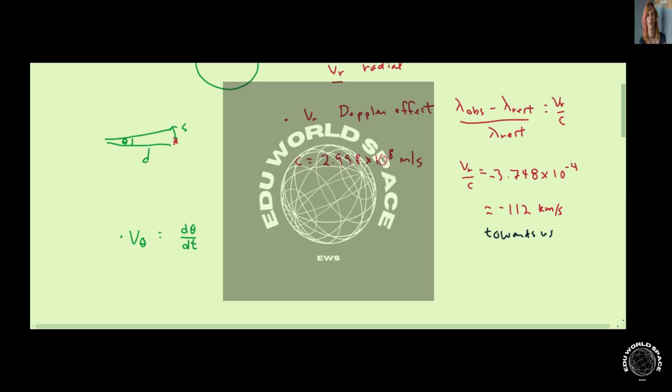So S is equal to d times delta theta, it's actually a delta S. And so delta S over delta t is the v theta. And of course, if that motion is small enough, we can think about infinitesimal amounts.